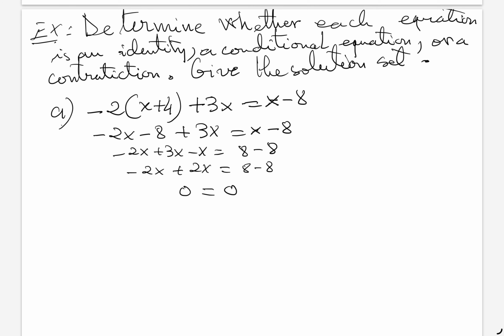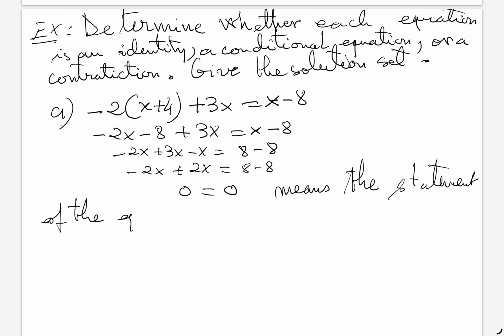Okay, that means the statement of the equation is true for all real numbers.